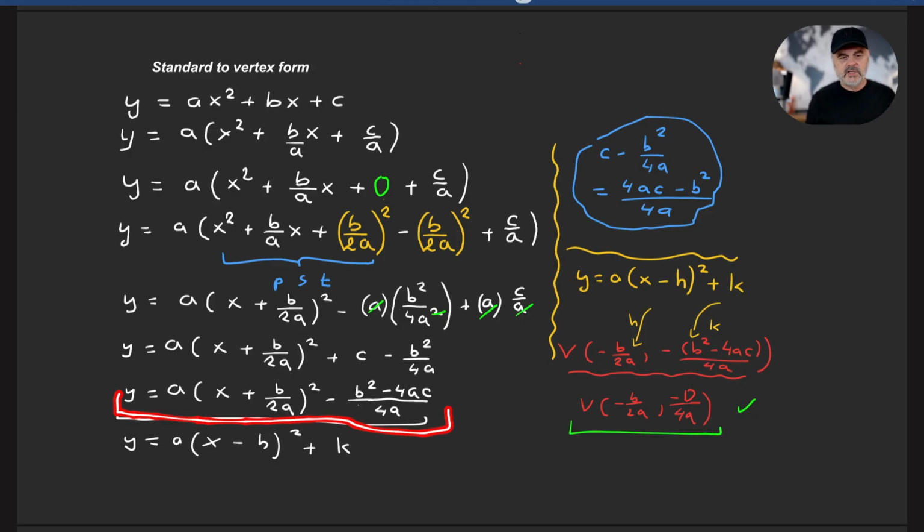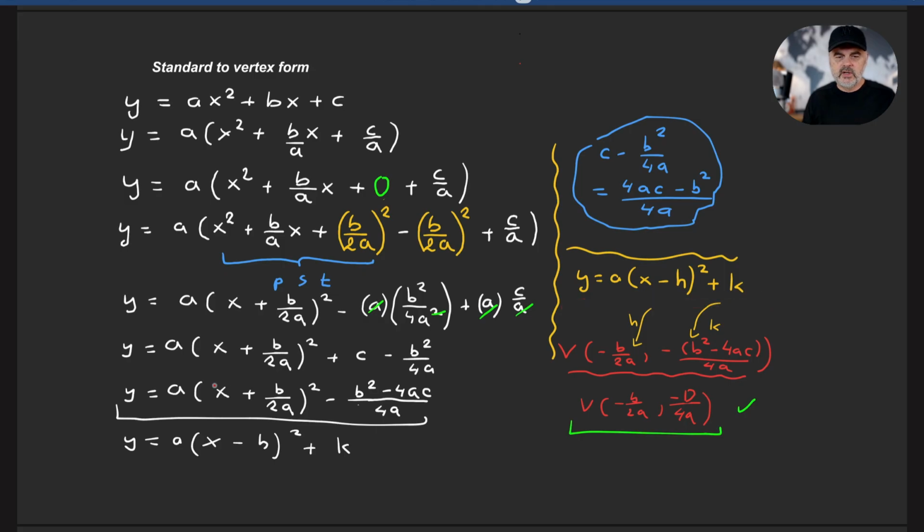Why? Because now, if you have already seen the other video, we introduced the vertex form of the quadratic function, and it went like so: y equals a times x minus h to the power of 2 plus k. So h and k represented the vertex coordinates. If you recall that, then you can claim the following.